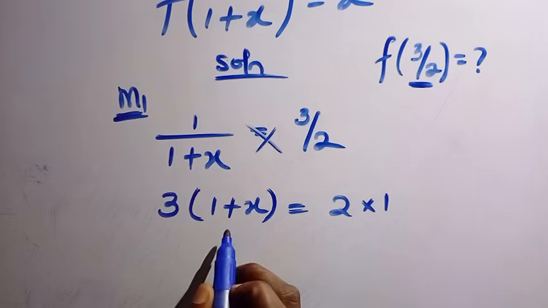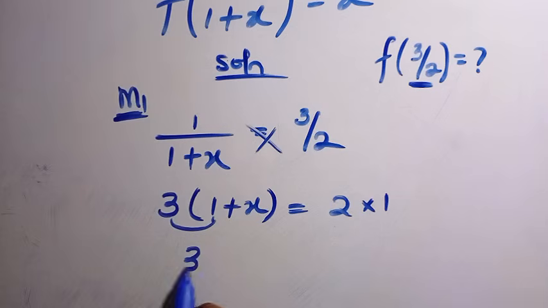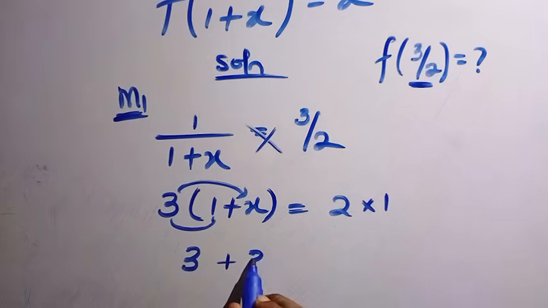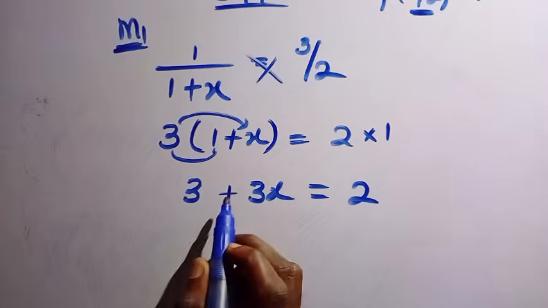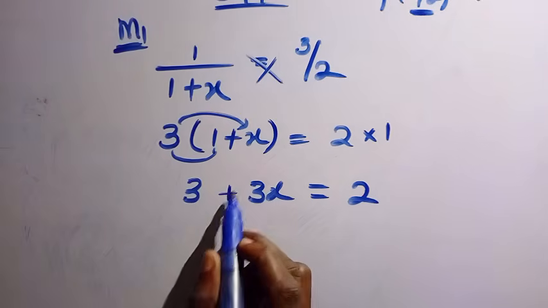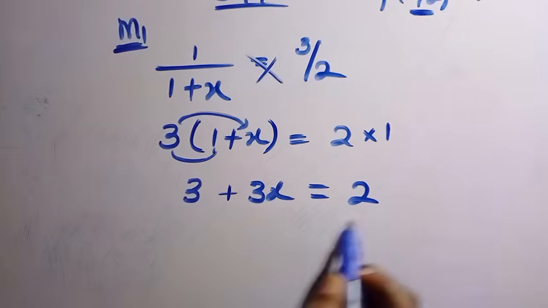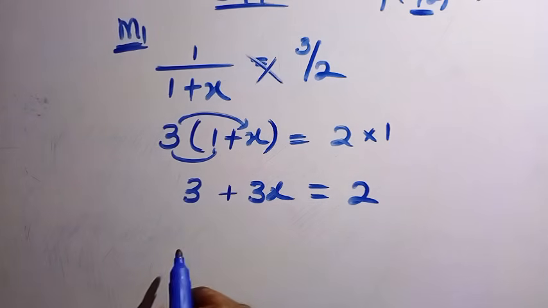Here, we open the parentheses as 3 we multiply 1, that is 3, then plus 3 we also multiply x, this gives us 3x, equals 2 we multiply 1, that is 2. Since we need x, and what separates 3 and 3x is this addition, we have to take this 3 to the other side. That is one way of making only 3x here.